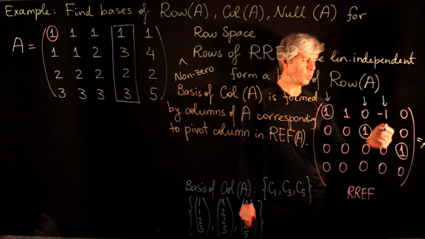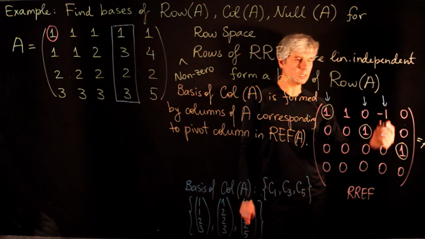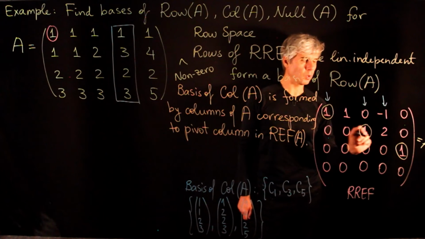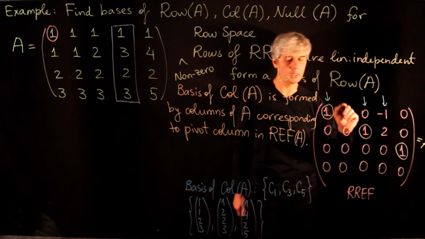However, if we want to uncover linear dependencies between columns, then we have to go to reduced row echelon form, just to get these coefficients.